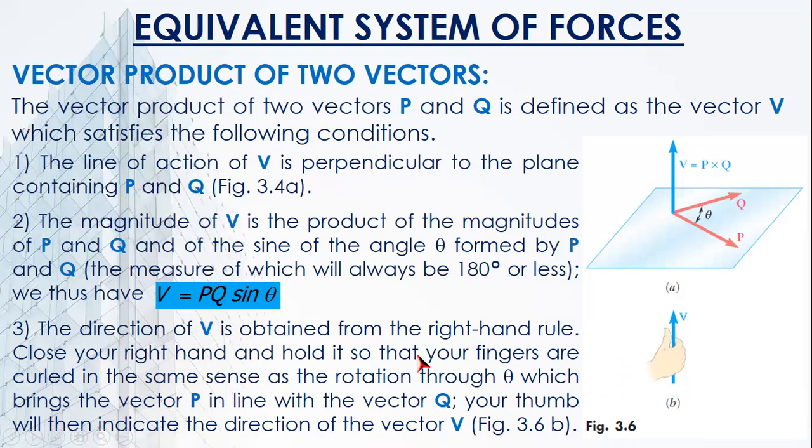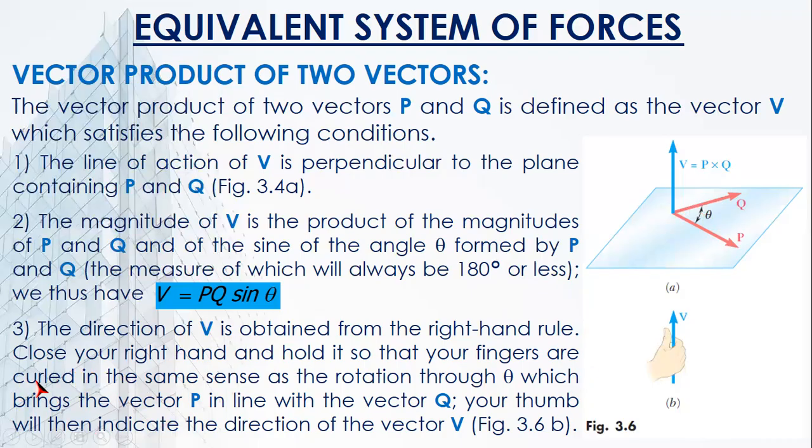So, if you're familiar with the right hand rule, your four fingers will point to the first vector. The thumb will point to the second vector. So, here are the four fingers, here is the thumb. You rotate your four fingers to coincide with the thumb, curling them a little.